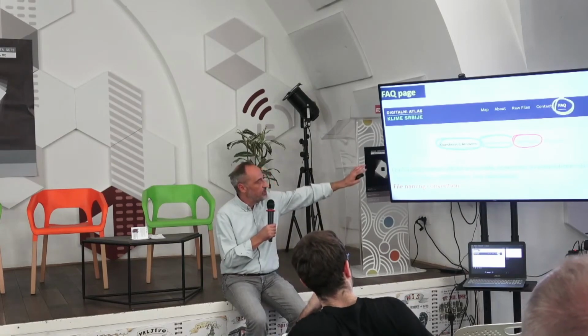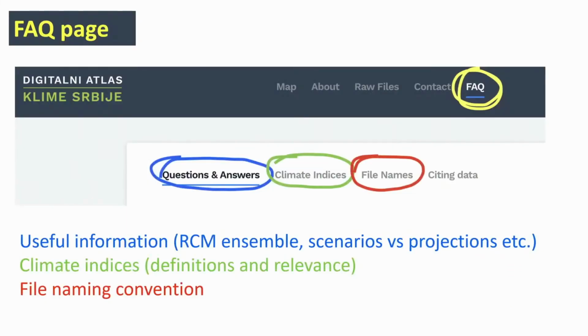There is also a page on which you can learn what the climate indexes are, what the scenarios are, what the climate models are, and there is also a page with the file names, because we decided to have this kind of file naming convention. So when you download a file, you know what is inside the file without any metadata about the file.